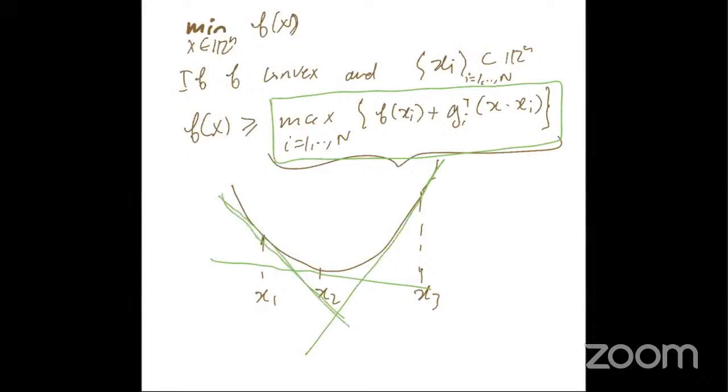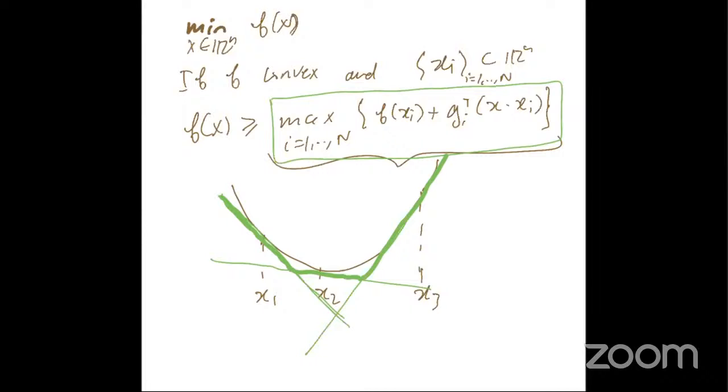And so the polyhedral approximation is really this function, and this function. So this is what we call the bundle. I mean, these points, the xi's, are the bundle. And from a certain bundle xi, you can construct a model, a lower bound on your function.